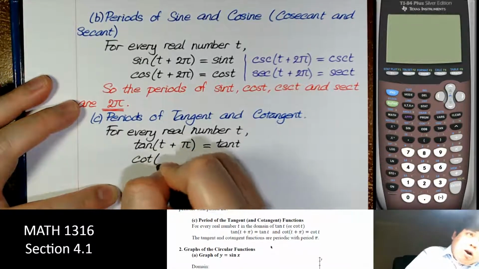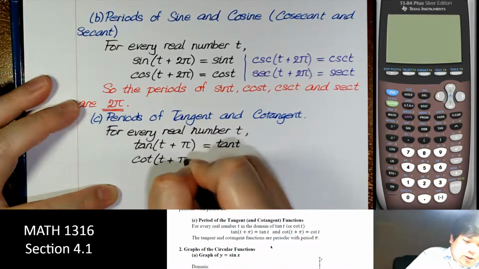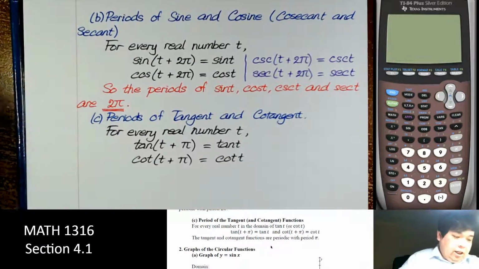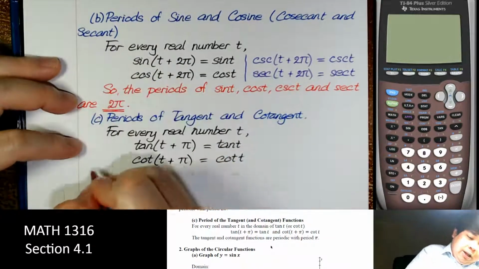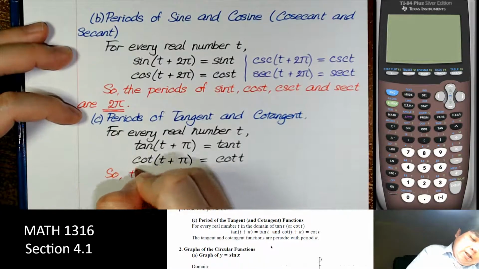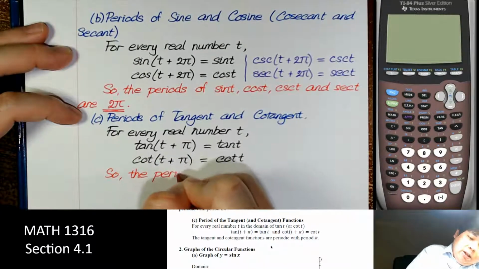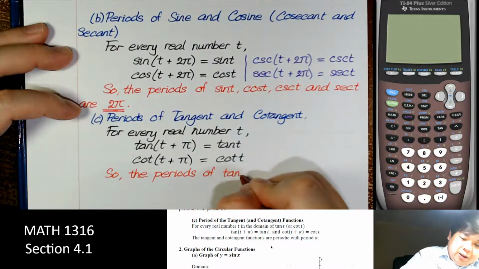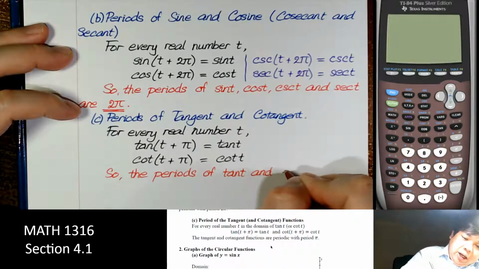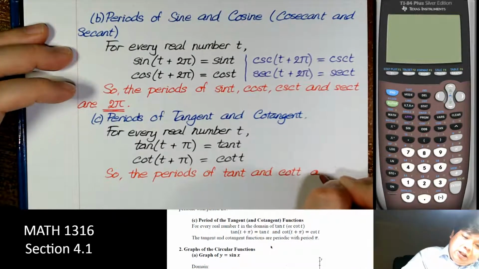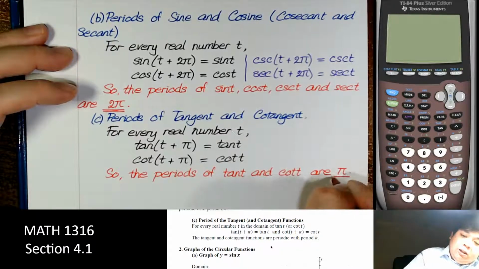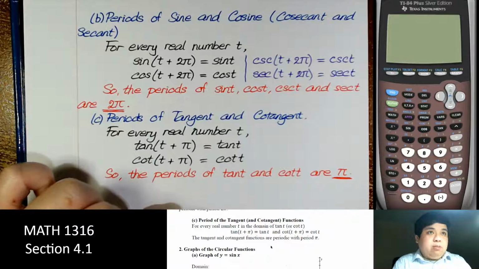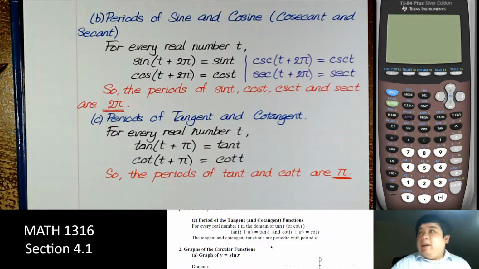Cotangent of t plus pi is equal to cotangent of t. Right. So the period of tangent and cotangent is pi. So for tangent and cotangent, the period is pi, everything else 2 pi.